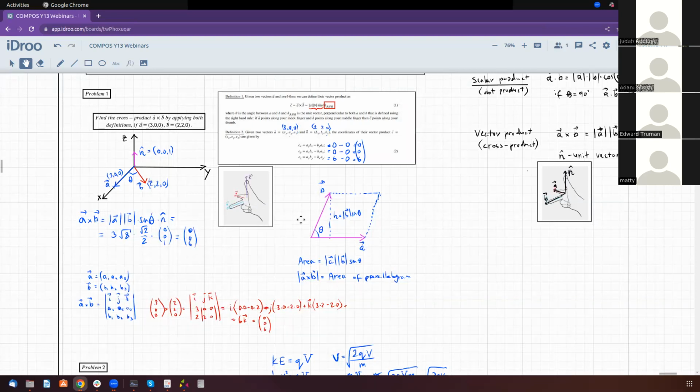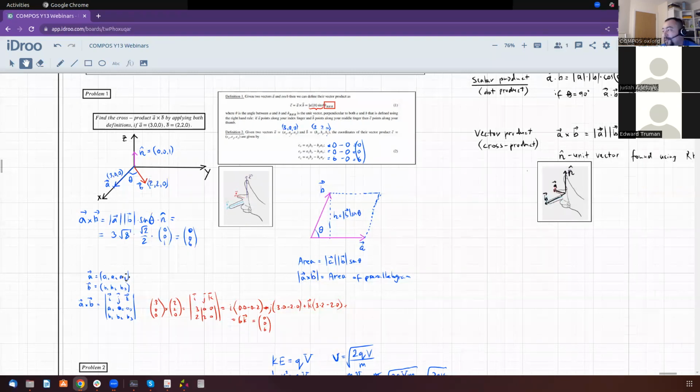The thumb is always perpendicular to the plane of the other two fingers, but the two fingers don't have to be perpendicular. They could be an acute angle or even an obtuse angle like this. So it doesn't matter. Okay, fine, but it's only the thumb that has to be perpendicular. Yes, the thumb has to be perpendicular to both A and B. Okay, thank you. Right, that's why we call it normal. It's a normal vector.